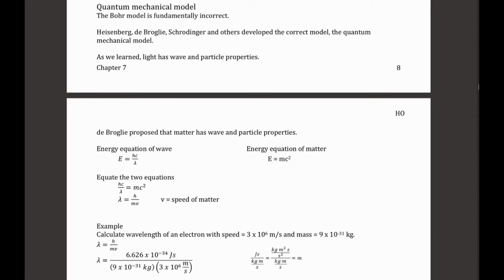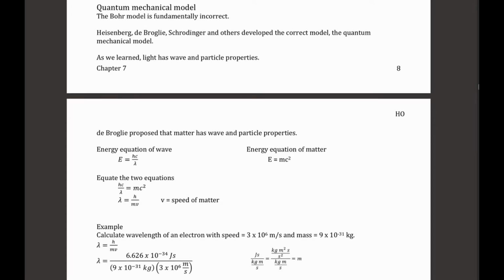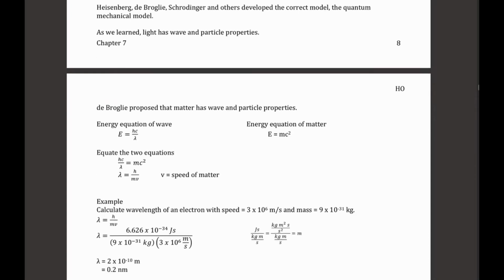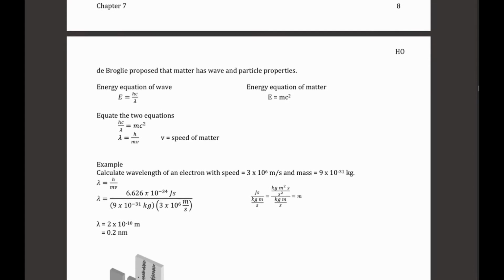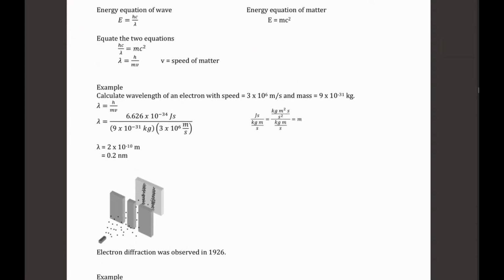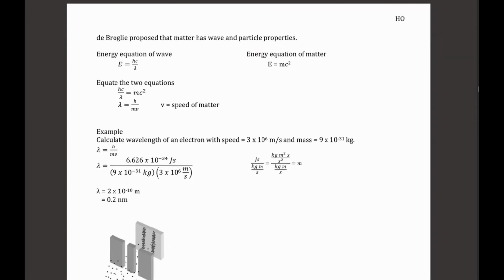De Broglie proposed that matter has wave and particle properties. The energy equation of a light wave is given by E equals hc over lambda. The energy equation of matter is the famous Einstein equation, E equals mc squared, where m is the mass and c is the speed of light.